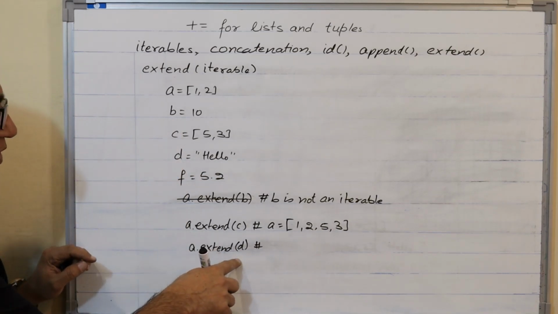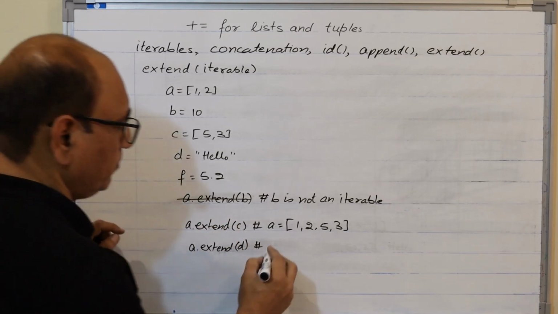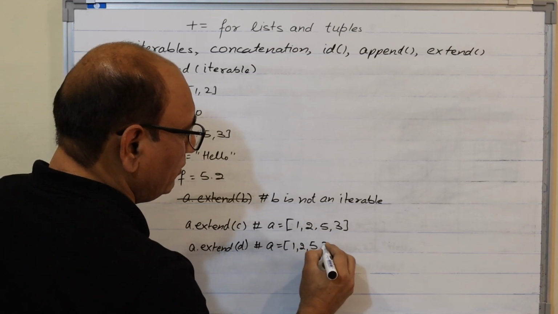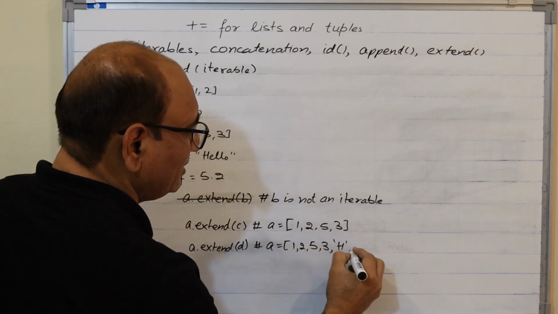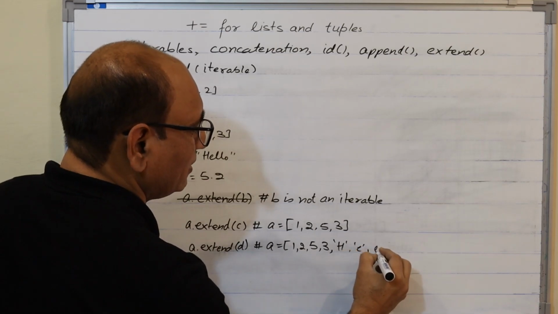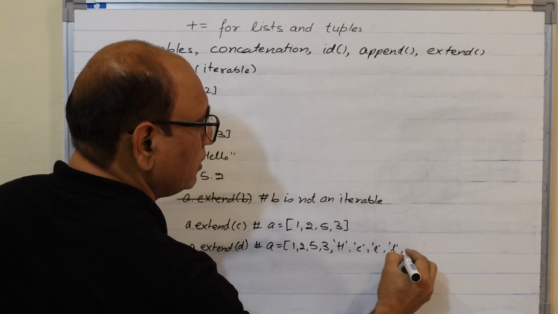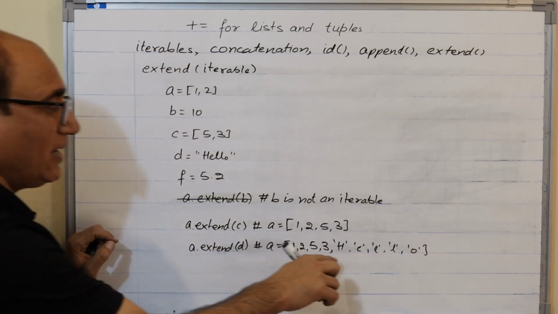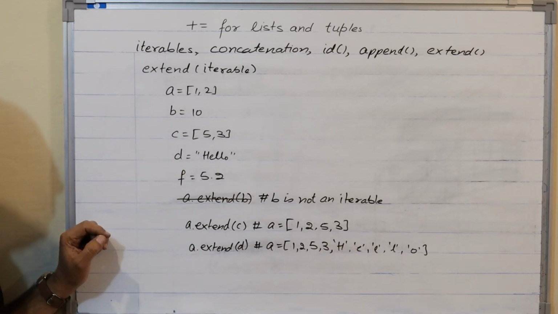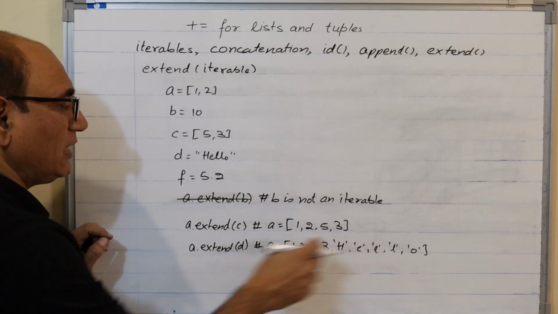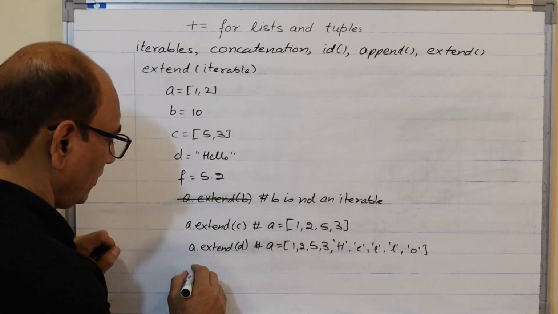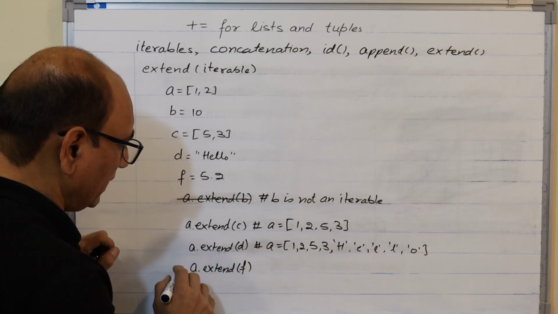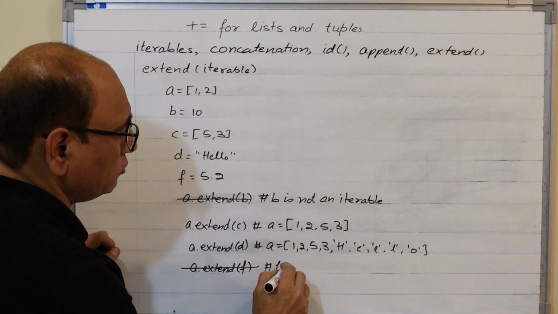So now all the elements of D will be individually appended to list A. Now A will become 1, 2, 5, 3, H, E, L, L and O. See, hello is not appended as a single element, but all its elements are appended as individual elements to the list A. And A dot extend F will give an error because F is not an iterable.